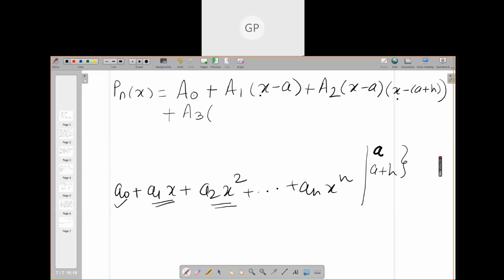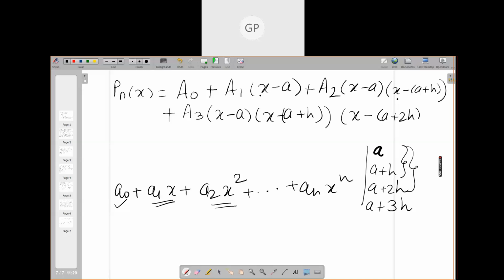You will be using the first three terms, not four terms: x minus a, x minus (a plus h), and next x minus (a plus 2h). Are you getting me?